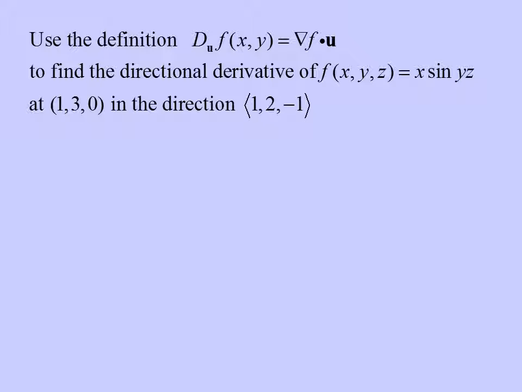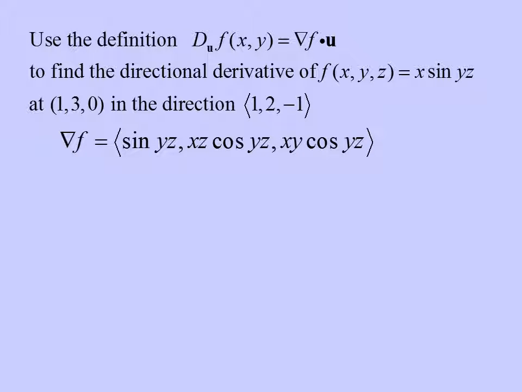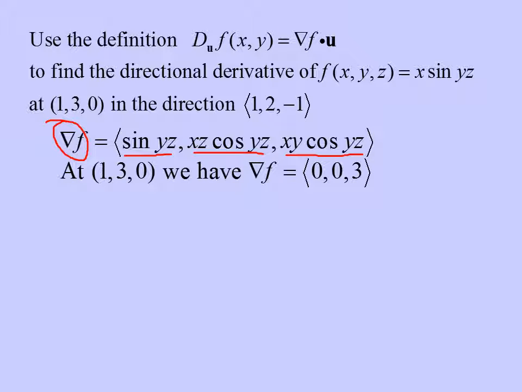Here we've got the function x sine yz. We want to know the directional derivative in the direction of 1, 2, and -1 at the point 1, 3, 0. So we'll do the partials. Here's the partial of x, partial of y, partial of z. That's our gradient vector. We'll substitute the 1, 3, and 0 for x, y, and z.